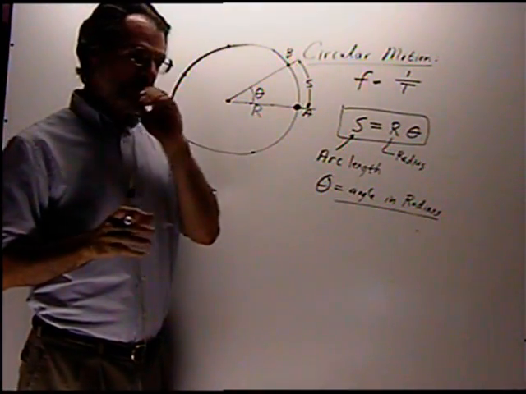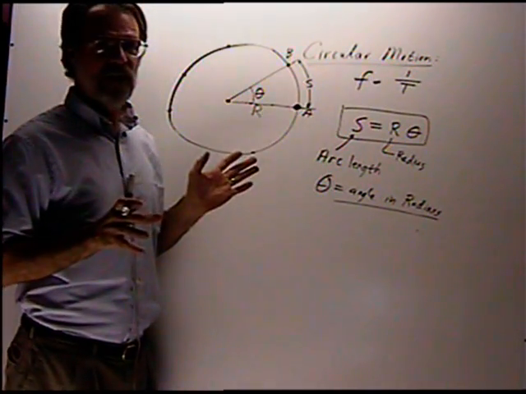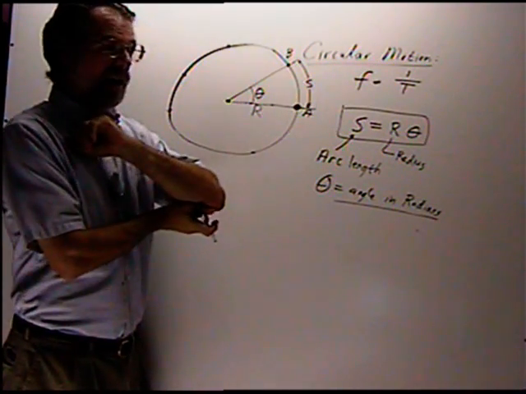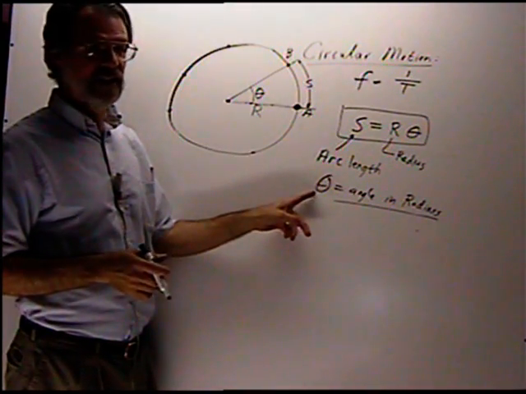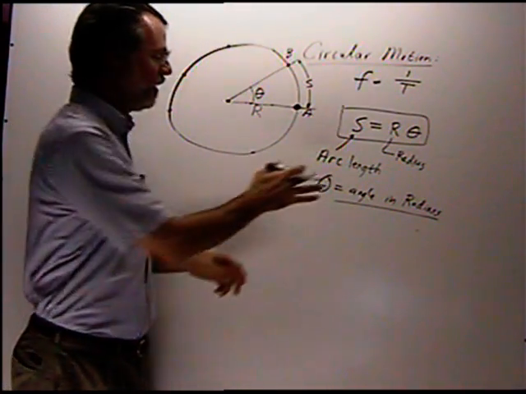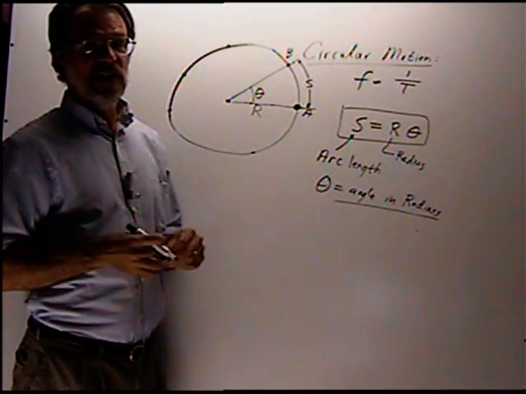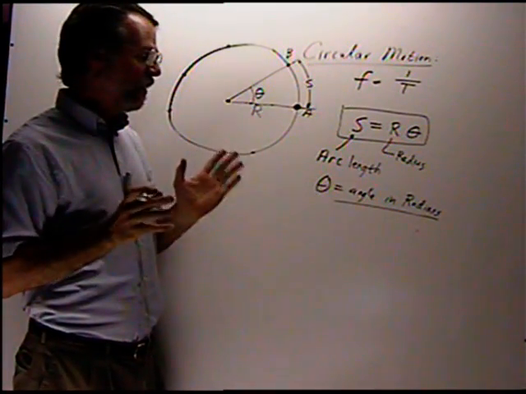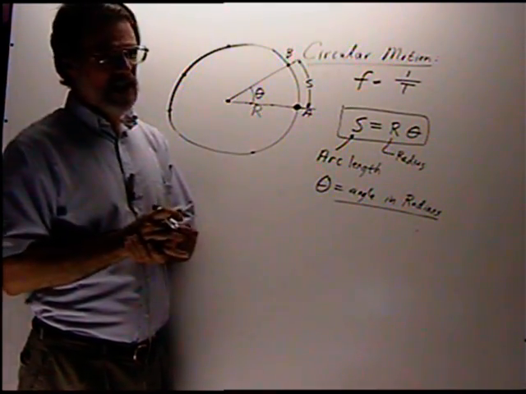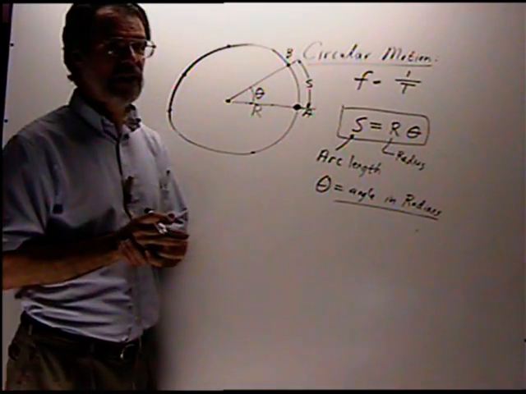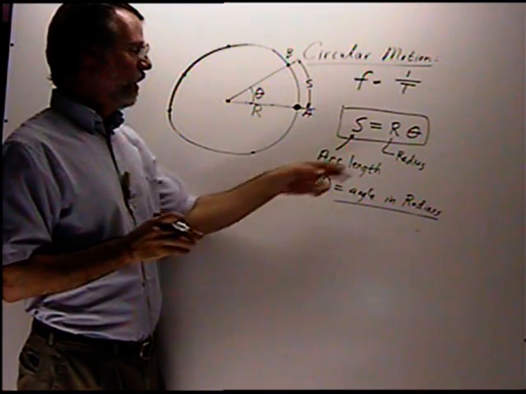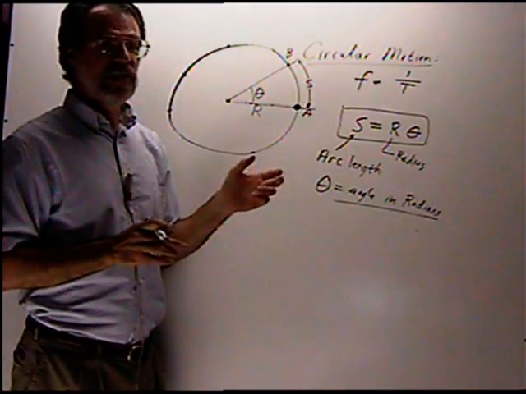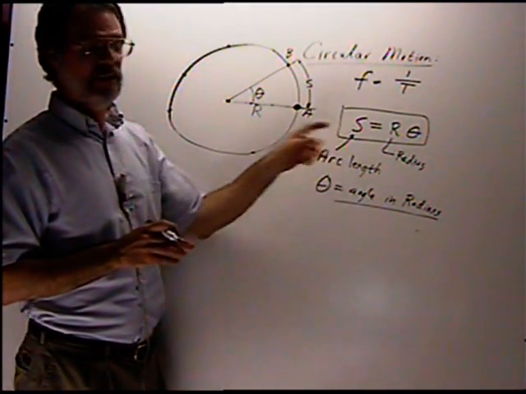So for all of this chapter, whenever we use the angle theta, we're always going to be using it in terms of radians. Radians are, in general, for mathematics and engineering and physics, what you need whenever you see a theta, especially in this form. It has to be in radians.